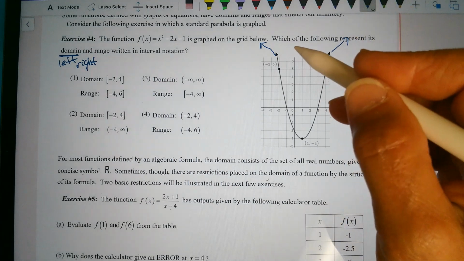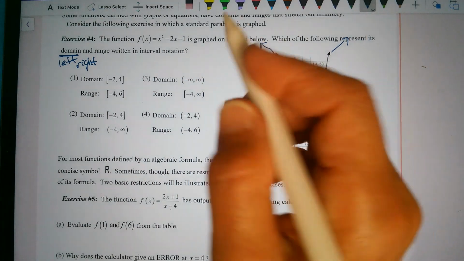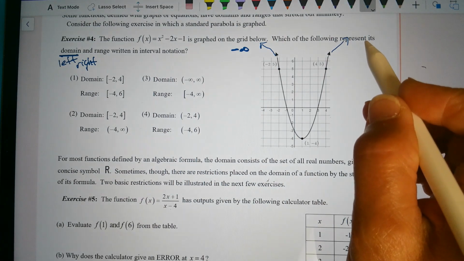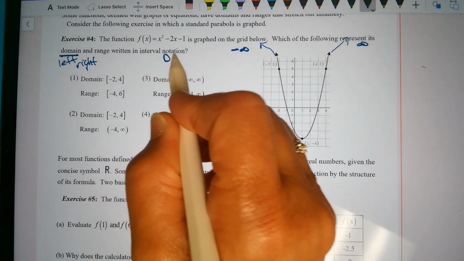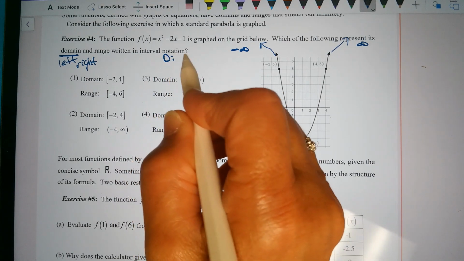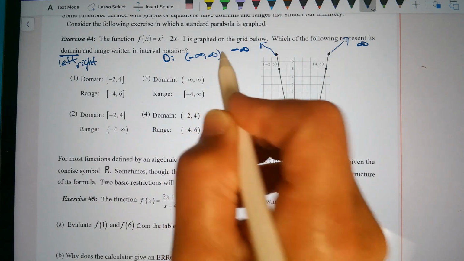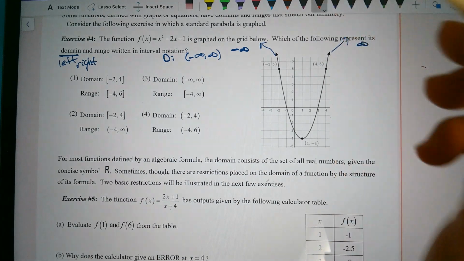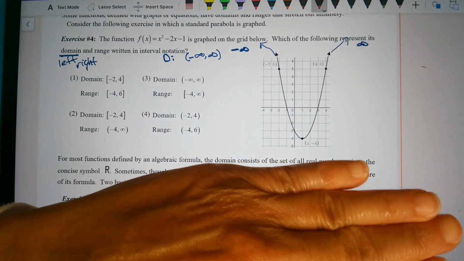So our domain here, what's way, way out to the left is negative infinity, and way out to the right is positive infinity. So our domain, labeled capital D, is going to be negative infinity to positive infinity. Infinities always get parentheses. And then our range, low to high, has to be in that order.